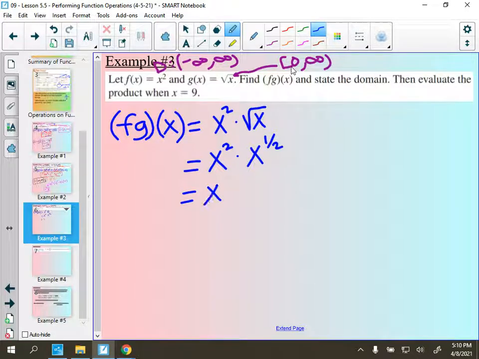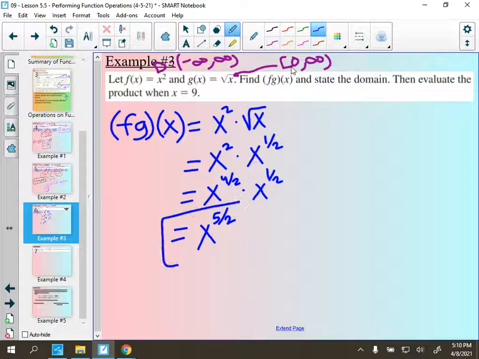You could rewrite this as x to the 4/2 times x to the 1/2 power, and say that when this is all said and done, f times g of x is x to the 5/2 power. So a little bit different there, right? We had that mismatch of forms, but we were able to move it around a little bit and simplify it to a nice single base, x to the 5/2 power.